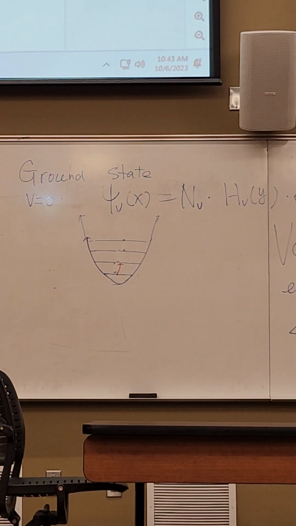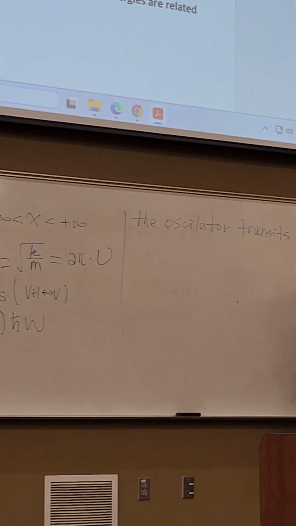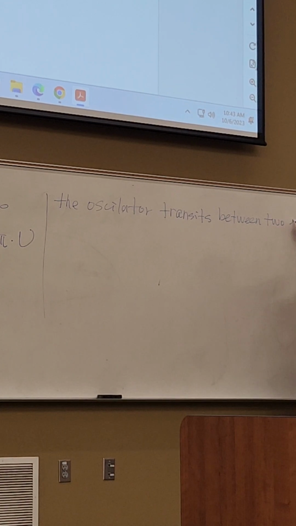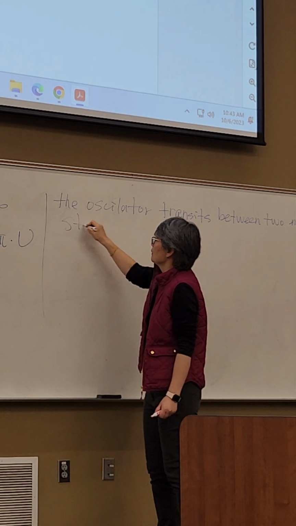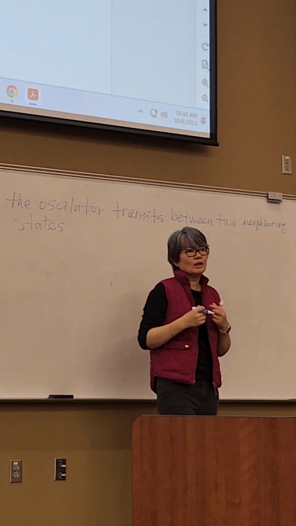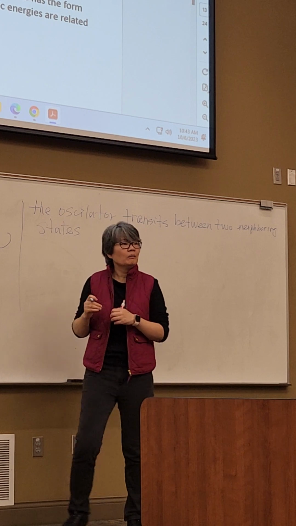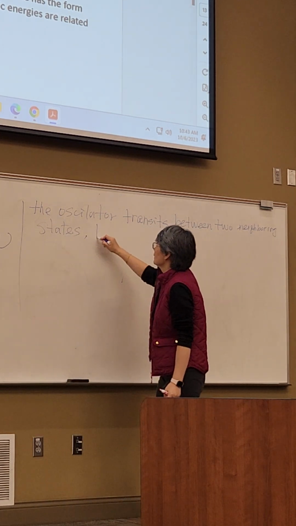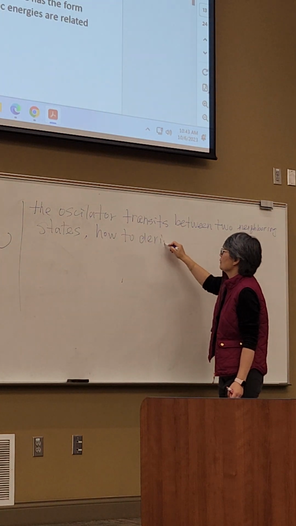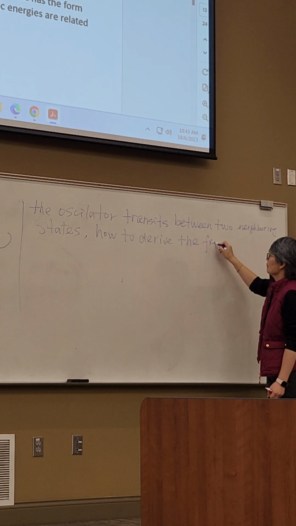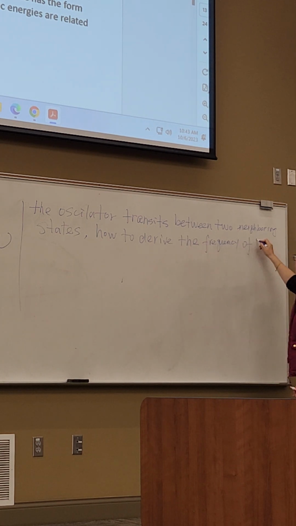So now, okay, if the system transits between those two neighboring quantum states, how are we going to derive the frequency of the light?